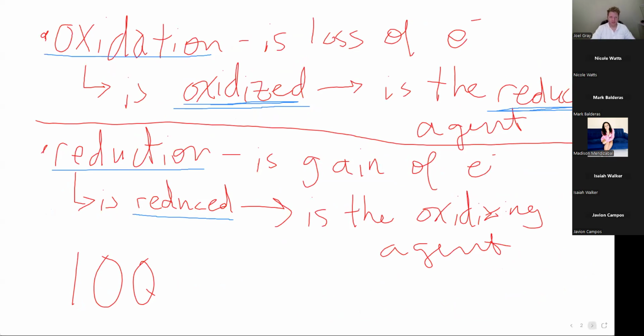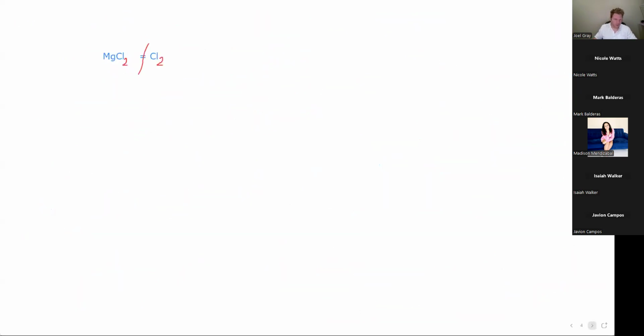Now, I think that a very good strategy when it comes to thinking about questions about oxidation and reduction, and I'm going to show my hand a little bit, but I don't really mind doing that, is to put together a couple of ideas for questions.